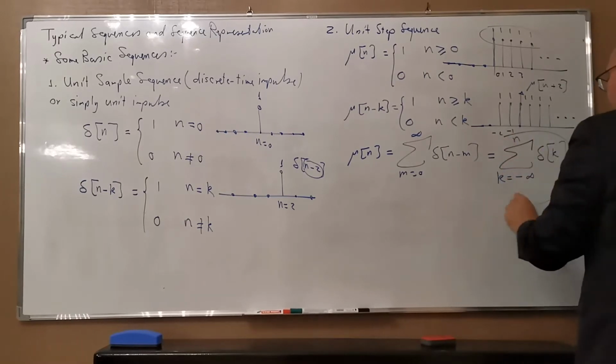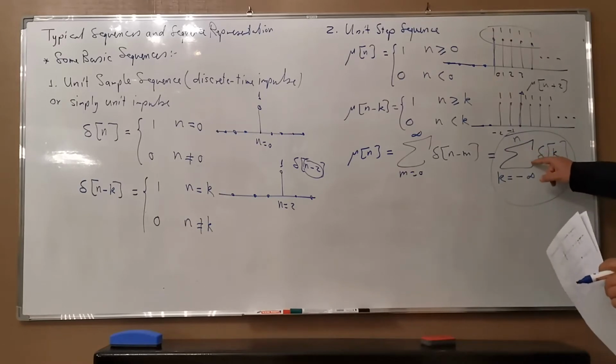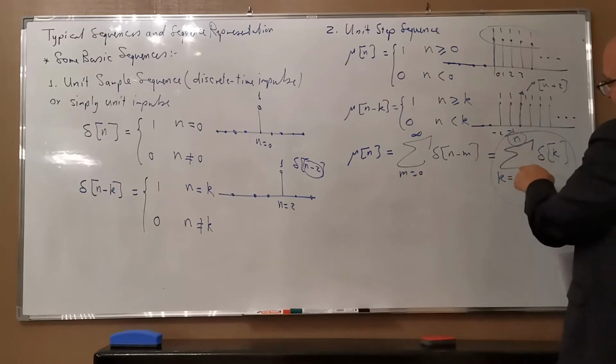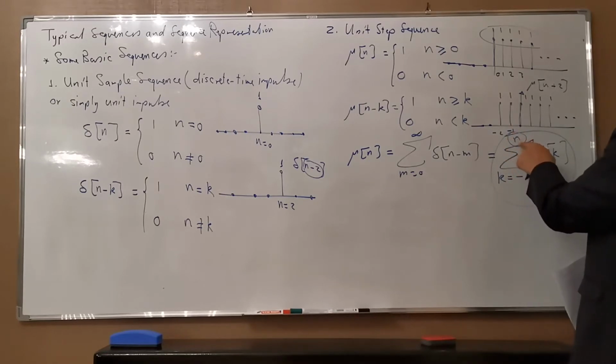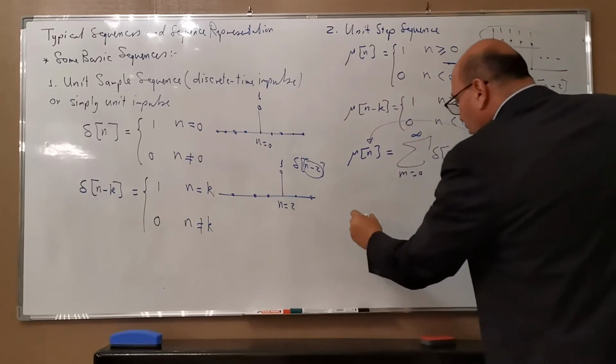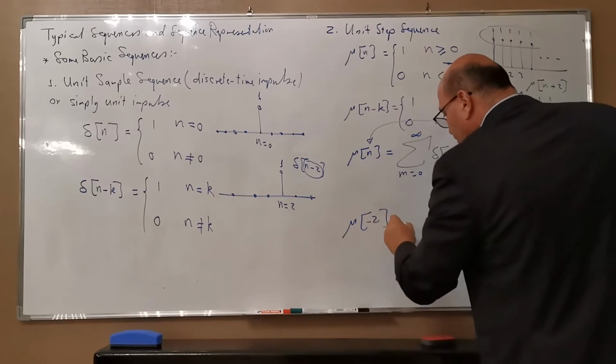Okay, this one needs a little bit of thought, so see what will happen. This n is our maximum of the index. The maximum of the index is n, where n is the argument here. So take an example for n equals -2.